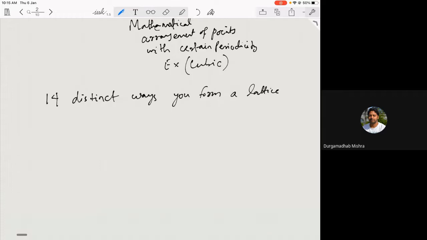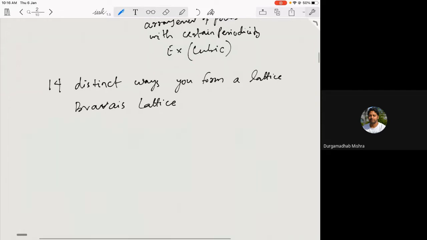These are called Bravais lattices. But we will take a few of the examples which we will encounter for different materials during this course.